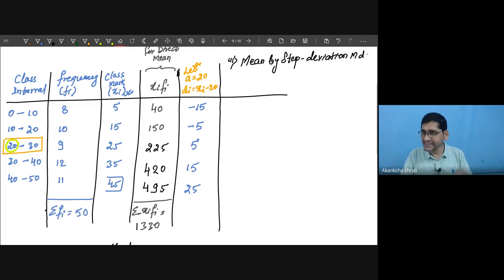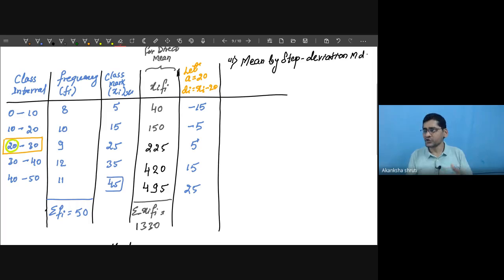Say if there are 6 class intervals, then you are free to choose either the third one or the fourth one. If there are 8 class intervals, you can choose either the fourth one or the fifth one. So if 2 are in the middle, you are free to choose any of them.